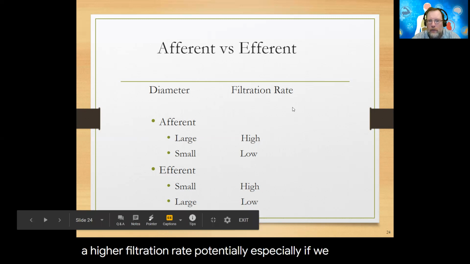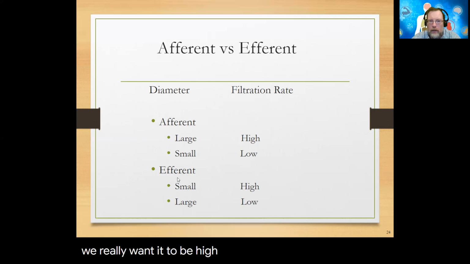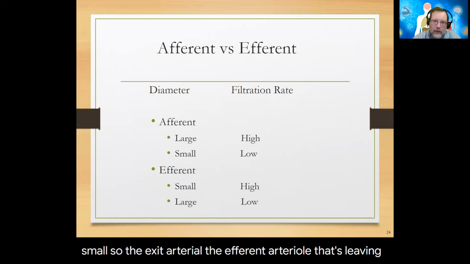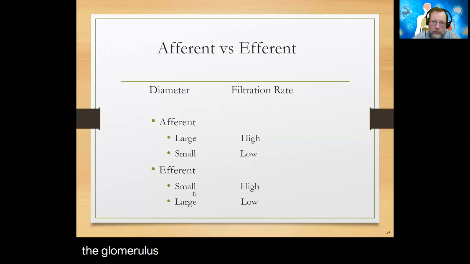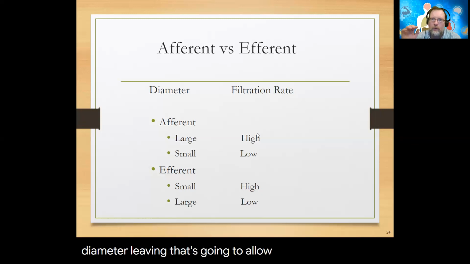If we really want it to be high, we're going to combine the highs, the large and the small. So the exit arteriole, the efferent arteriole that's leaving the glomerulus and the Bowman's capsule, if that diameter is small, so we've got a large diameter coming in, small diameter leaving, that's going to allow for not only more blood to go into the glomerulus, but less blood to leave.